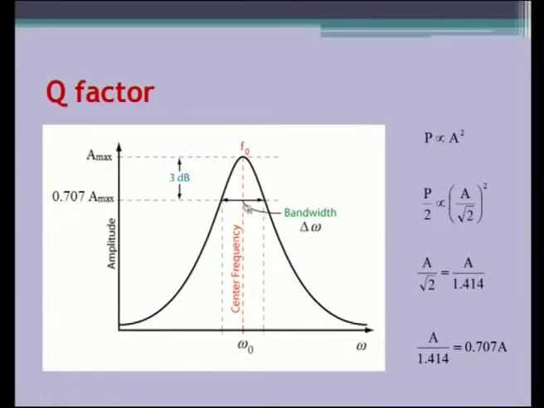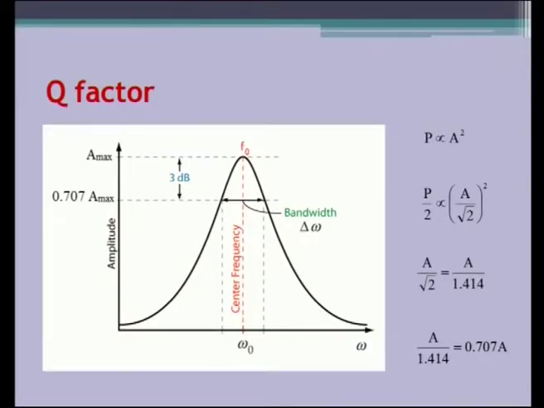Now, at that point we have to take the bandwidth, and this bandwidth will be appearing in the denominator for the expression we have for Q factor, and this is also shown here in decibel. In decibel scale, how to take? The maximum decibel value has to be reduced by 3 decibels, then we will have the half power point of the maximum power.